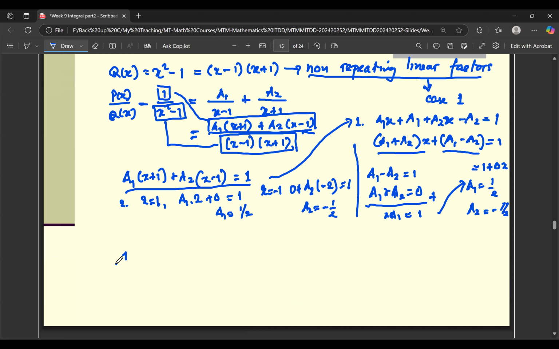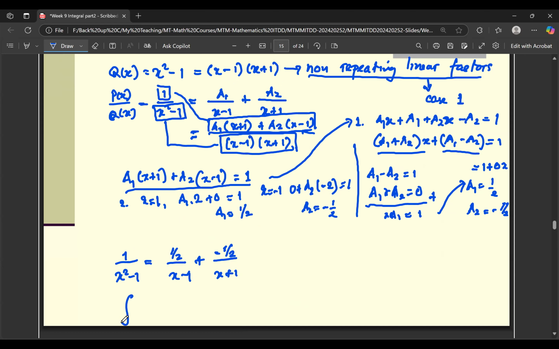You will have that 1 over x squared minus 1 will be replaced by a half divided by x minus 1, and the second term will be replaced by minus a half divided by x plus 1.